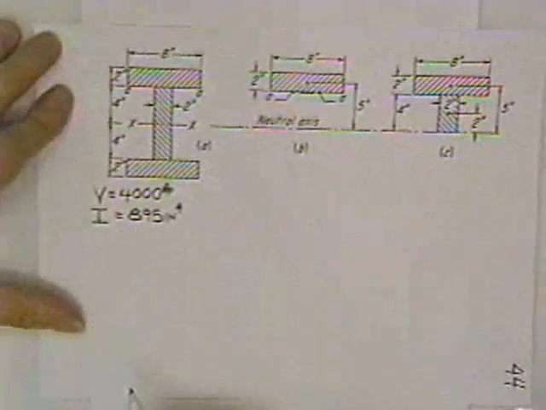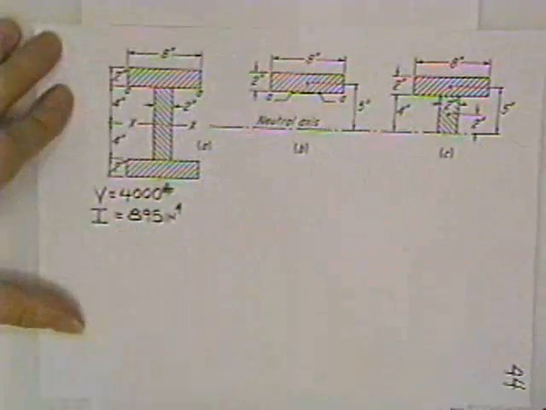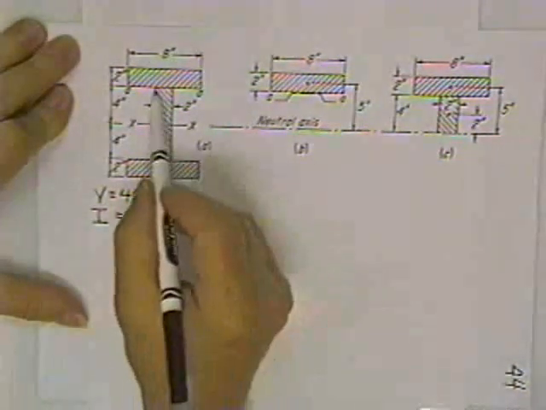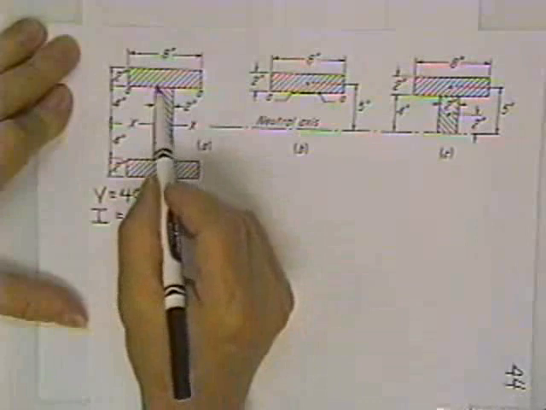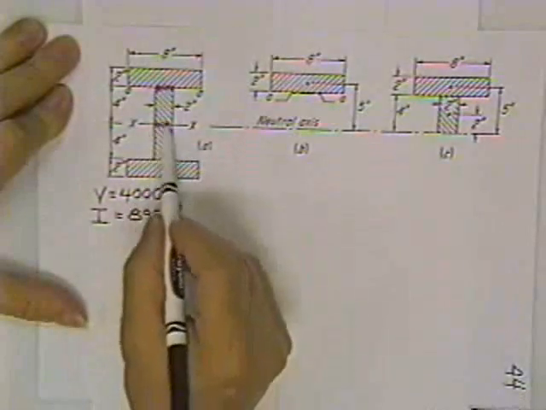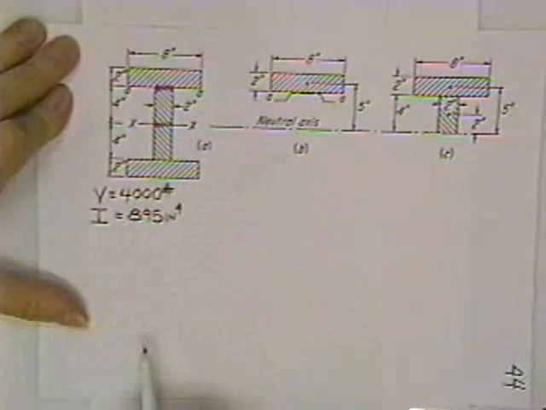There's the beam that has 4,000 pounds of load on it, a moment of inertia of 895. All I've been asked to do is find the shear stress at that interface and the shear stress at the neutral axis.